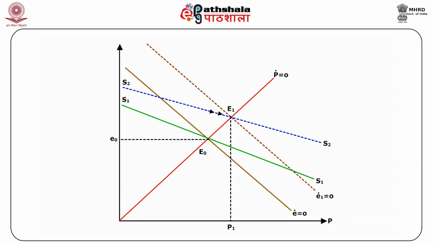However, prices are slow to adjust with the change in money supply, but exchange rates are not. The economy does not move to point E1 immediately. Initially, the economy will move to point E2, where the E dot 1 equals 0 line and S2 intersect. Because exchange rates are flexible, at point E2 they have fully adjusted.